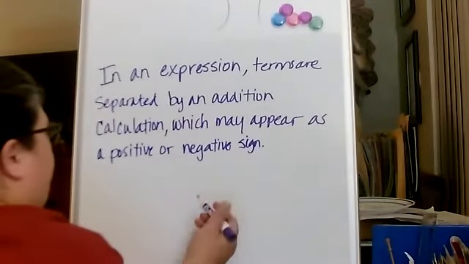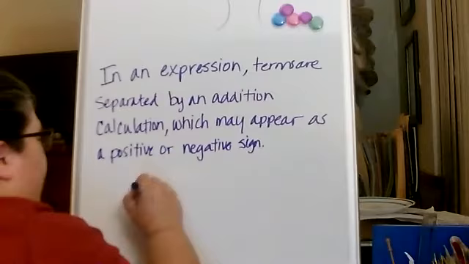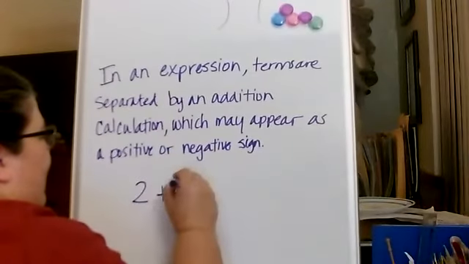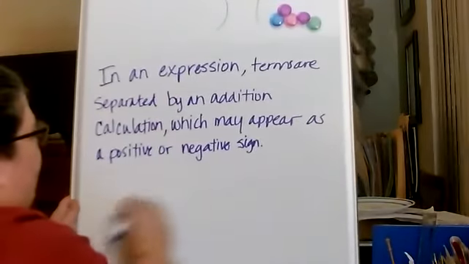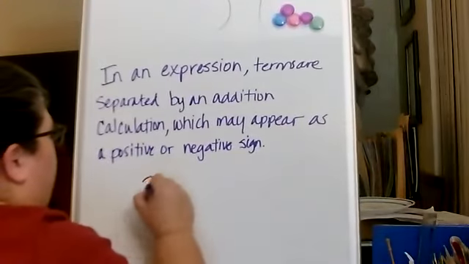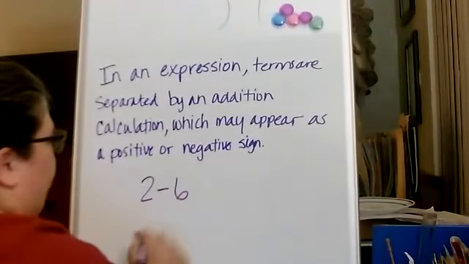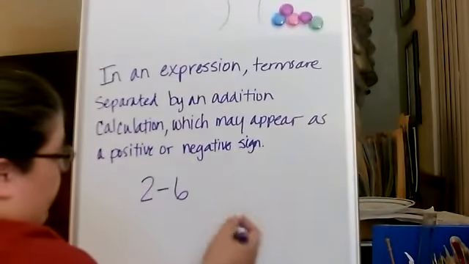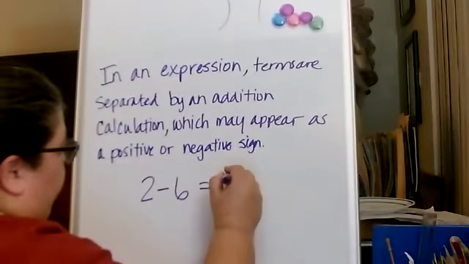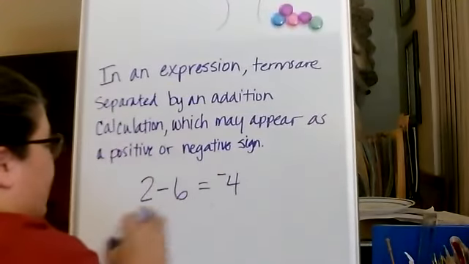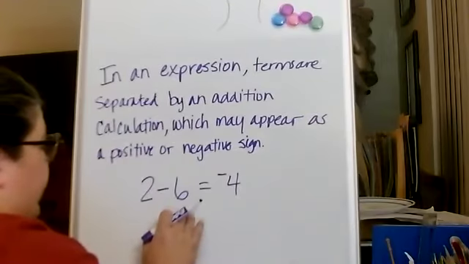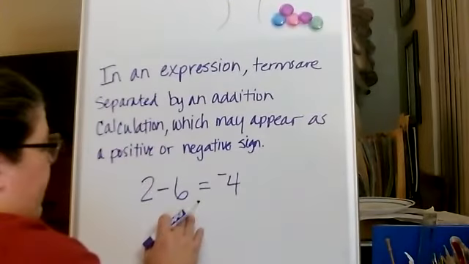So let's say we have 2 minus 6. Now, we could just say it's equal to negative 4. And in most cases, if we're just doing these like terms and they're just numbers, it may be easier just to leave it that way.